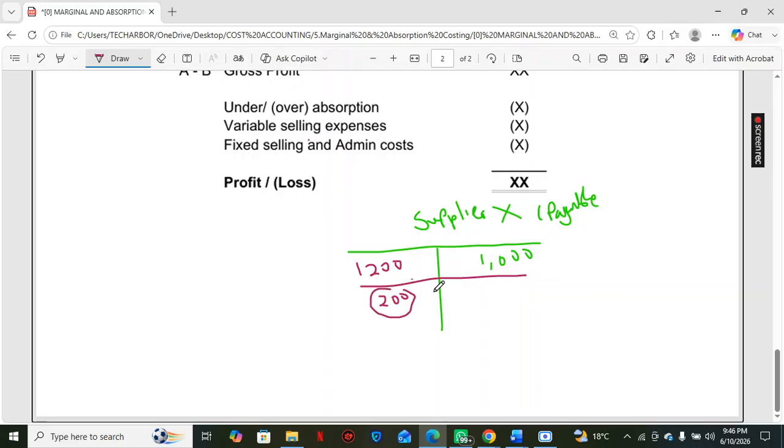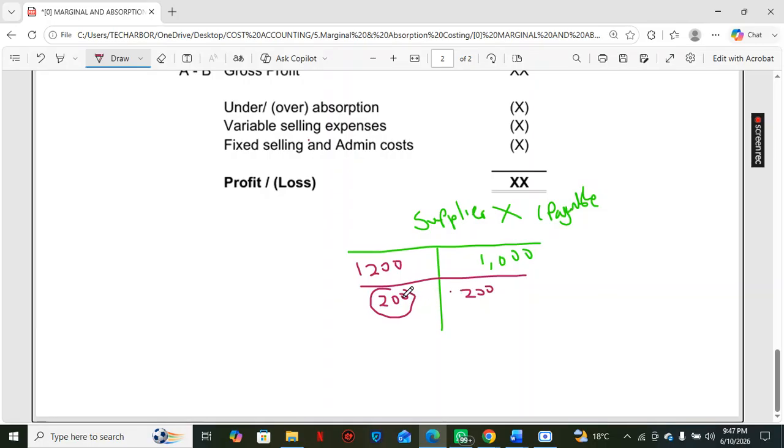Okay, so what our supplier should do, he needs to refund us this 200. So in order to refund us, we need to credit the account here because this 200, which is an overpayment, is on the debit side. It was supposed to be zero to say that our transaction is over, but there's a 200 on the debit side, which means our supplier is owing us. So to erase this, we have to credit our supplier once they pay us, so that we erase this overpayment.